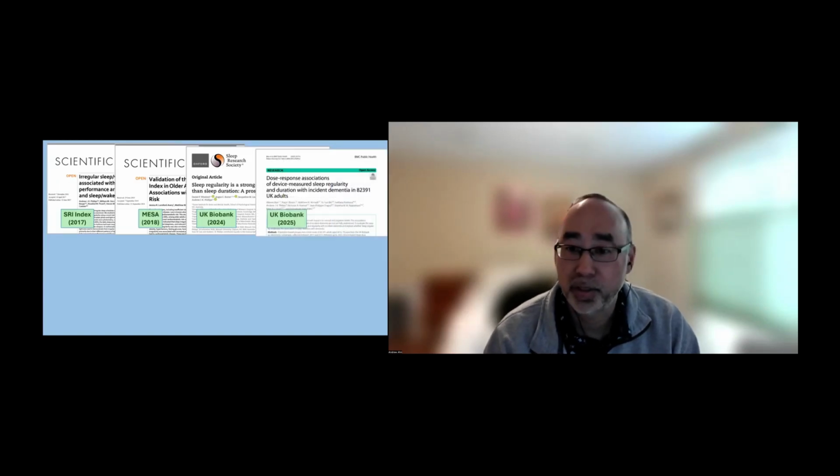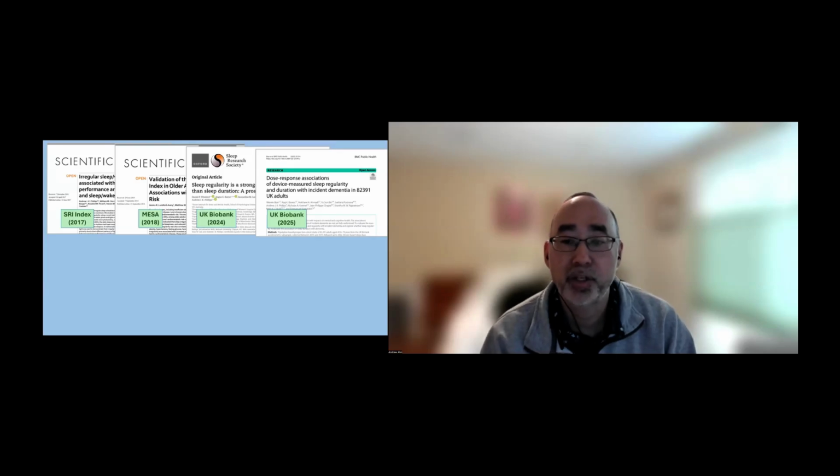Then the big study that got a lot of press was the one published by the Phillips Group. Dan Windred is the first author. They incorporated the SRI index in the UK Biobank, and that showed that sleep regularity was actually a stronger predictor of all-cause mortality than sleep duration. And then there are some follow-up studies just this year, again using the SRI index done by Andrew Phillips, and again applying to UK Biobank, but this time focusing on dementia incidence.